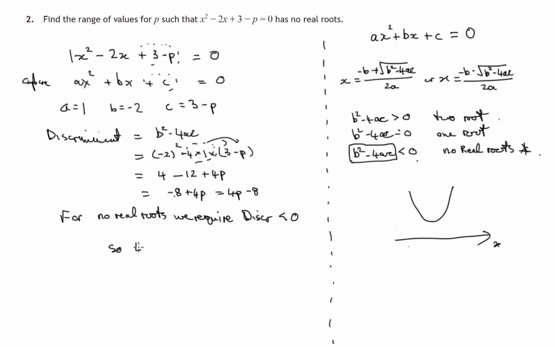So 4p minus 8 would have to be less than 0. Now add 8 to both sides, divide both sides by 4. 4 into 8 goes 2. So it has no real roots if p is less than 2.